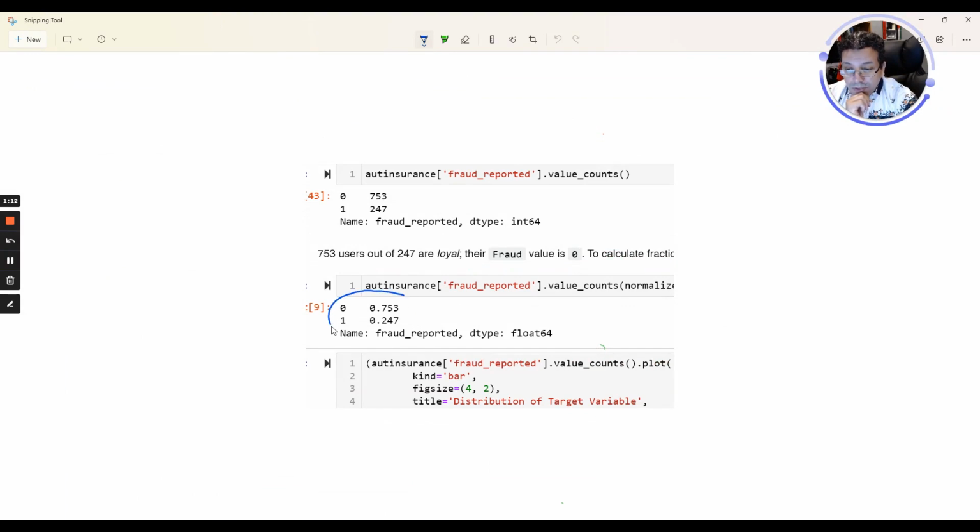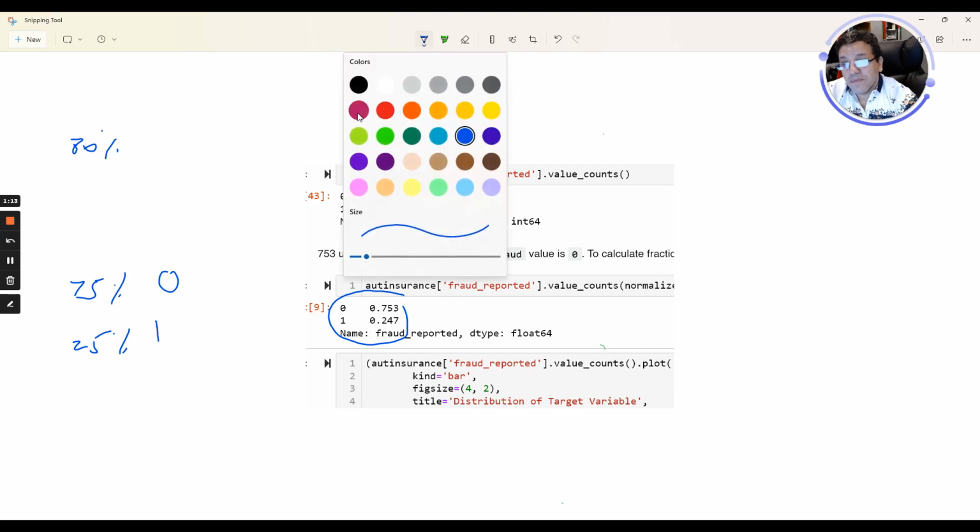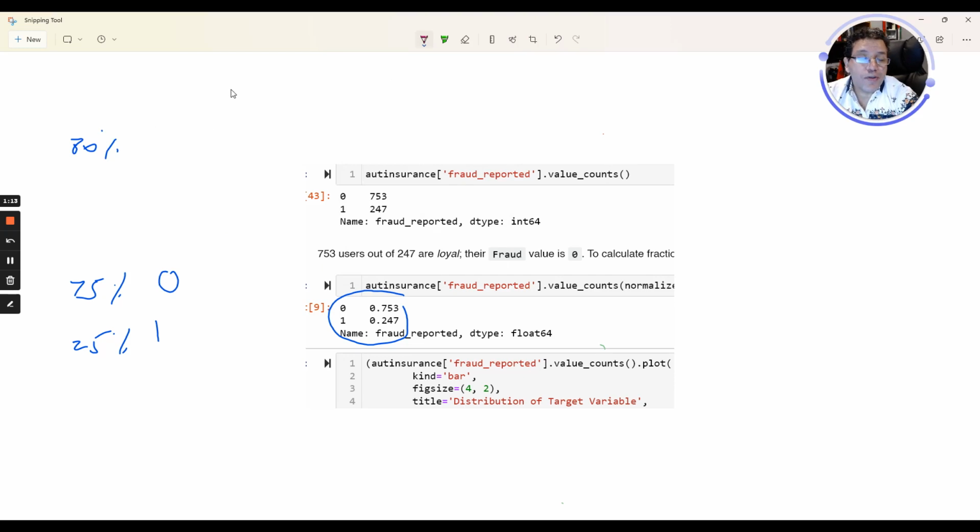So we got 75% of your data is 0 and 25% of your data is 1. If you build a model that is 80%, do you think it's good or bad? If you are comparing 80% to 100%, it is bad.